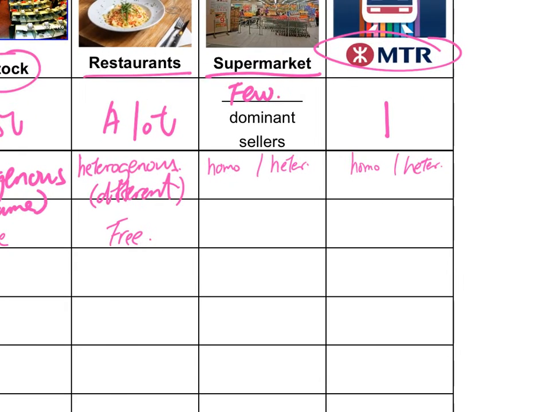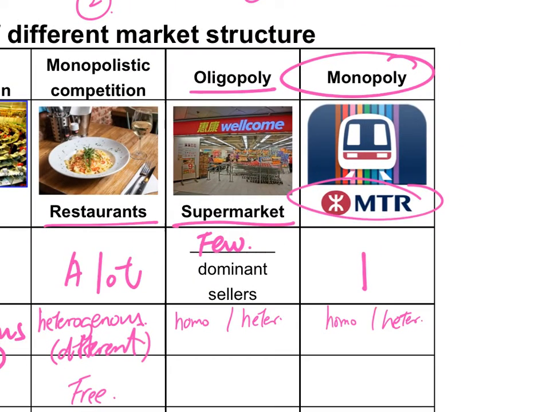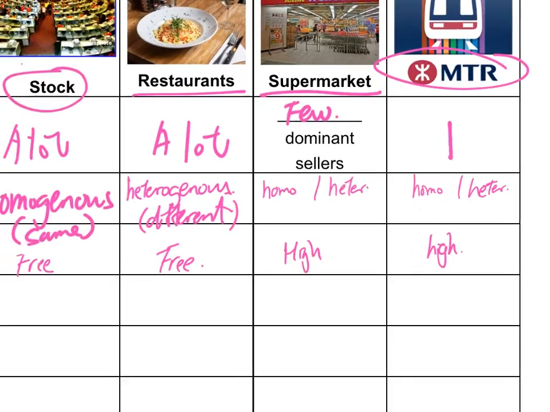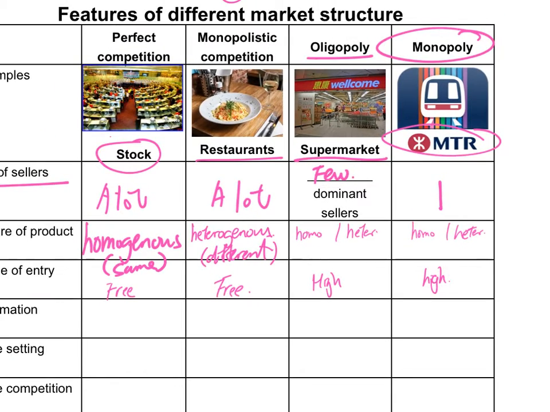But for oligopoly and monopoly, it is quite hard to join the market. They have a high barrier, or a high limitation, to join the market. For example, for MTR you need the government's permission to legally operate a train service here. And for supermarkets, it costs a great deal to invest in starting one.